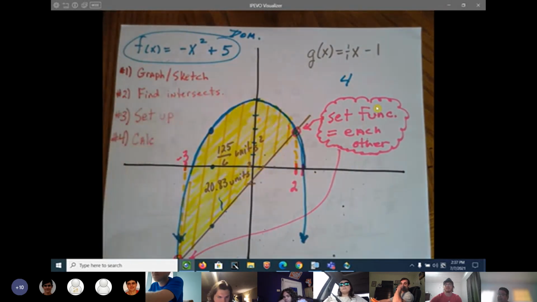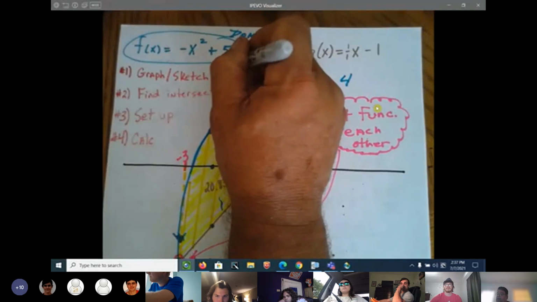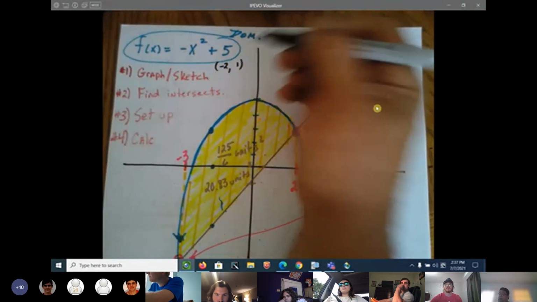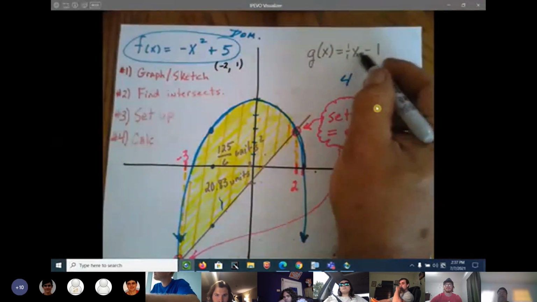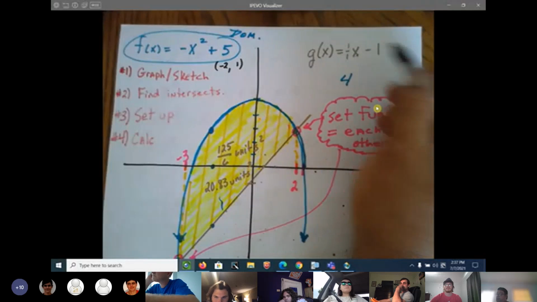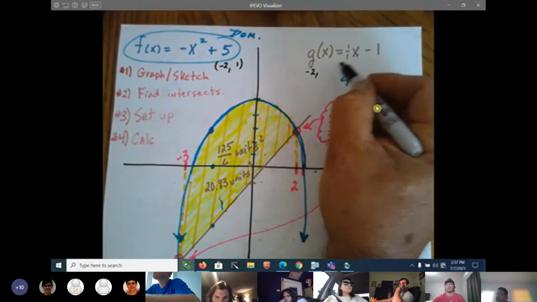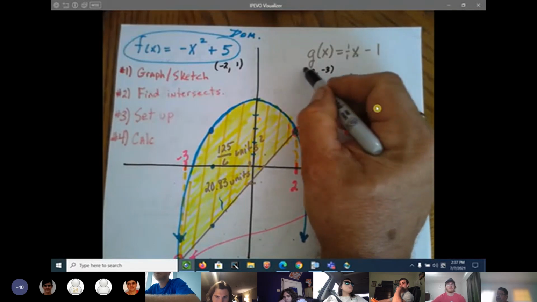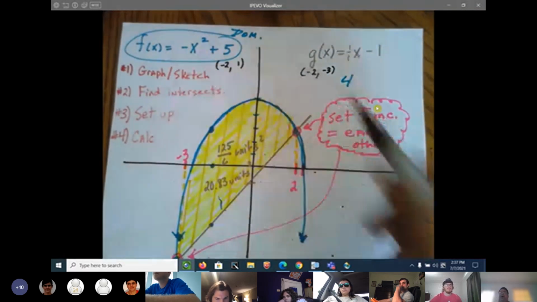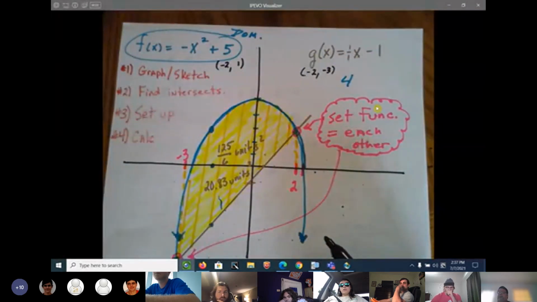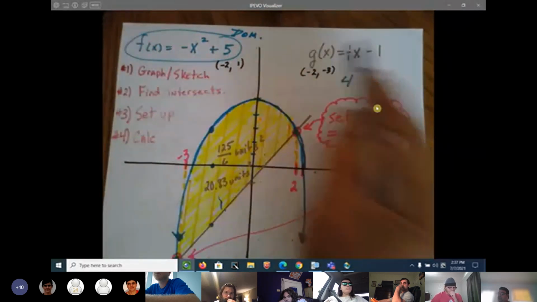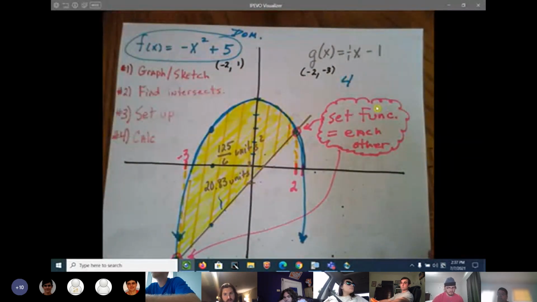So -2 gives us a +1. What does -2 give you over here? -2 minus 1. -2 gives you a -3 over here. So which one gives you the higher y value? F of x or g of x? F of x.